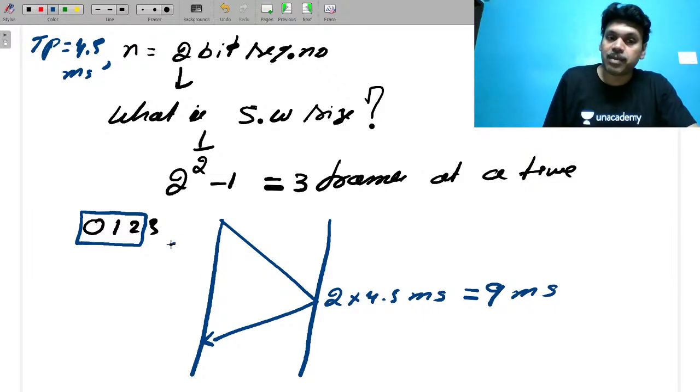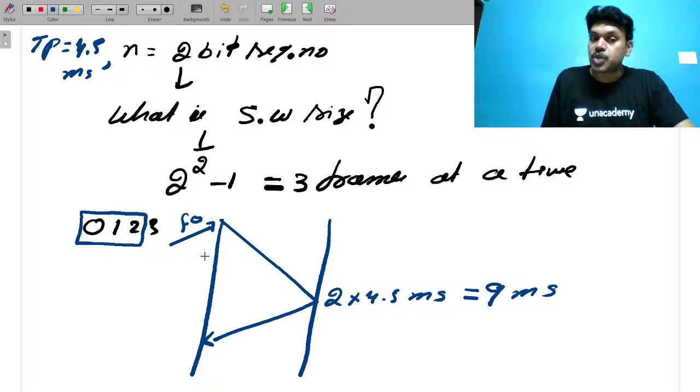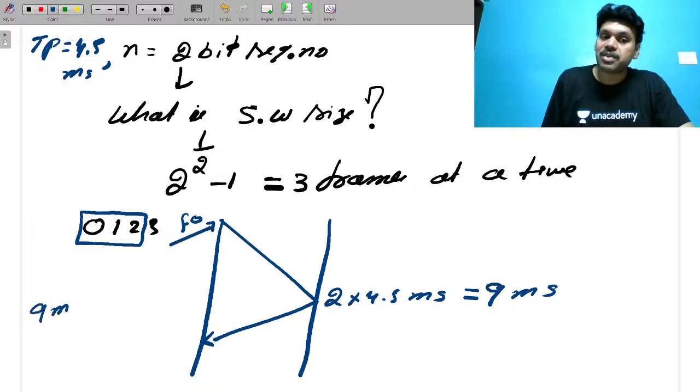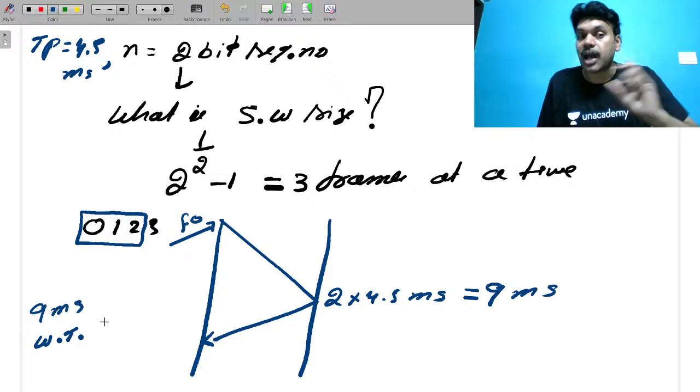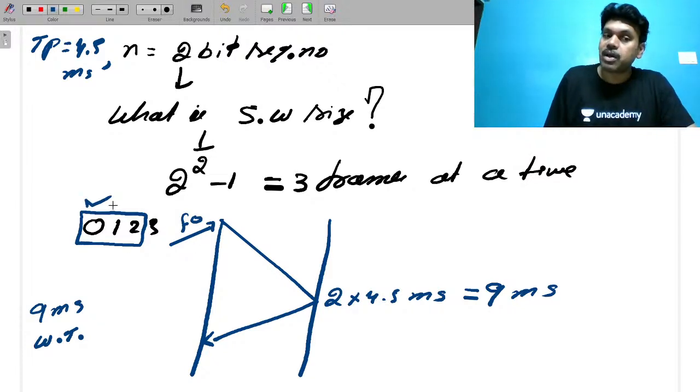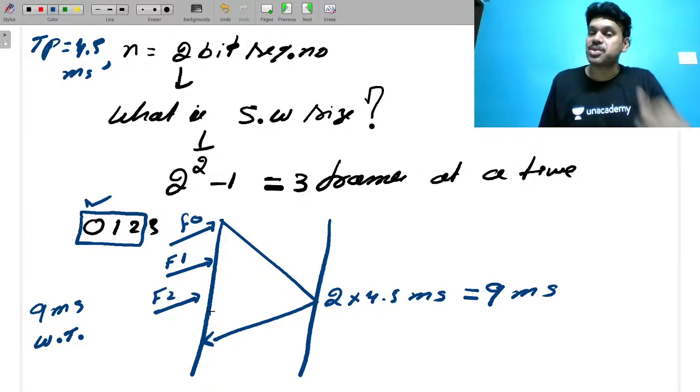So first frame I send, frame 0. So remaining 9 ms is your waiting time, right? I am not going to wait. I am pushing. This is already pushed. I am pushing frame 1 and I am pushing frame 2. Can you push anything? No, you cannot push. Why?